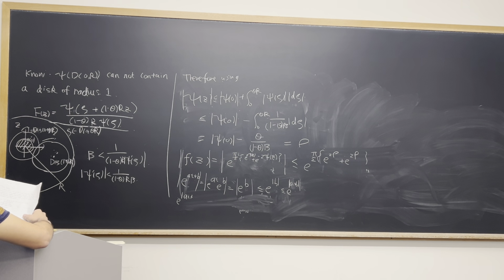Never mind, this omega doesn't matter. But the thing is that the image of the disk will contain a disk of radius b. That's the thing that matters, right?